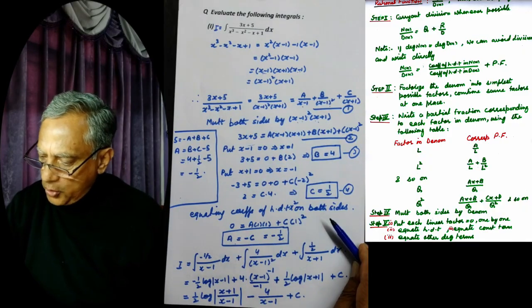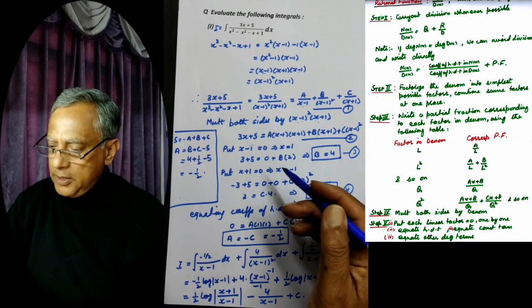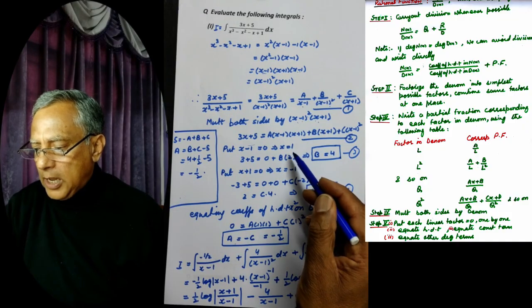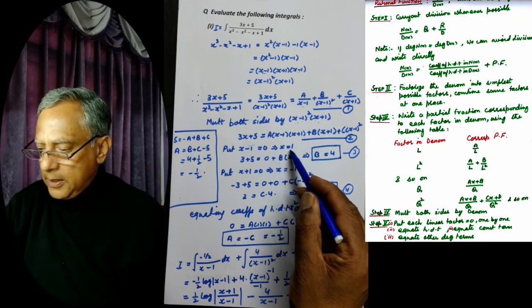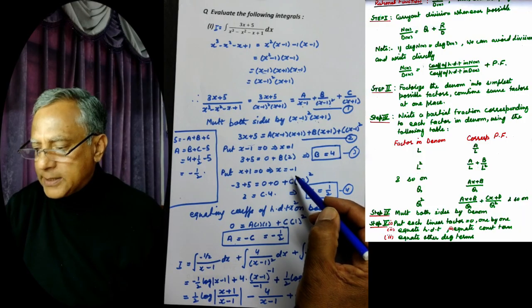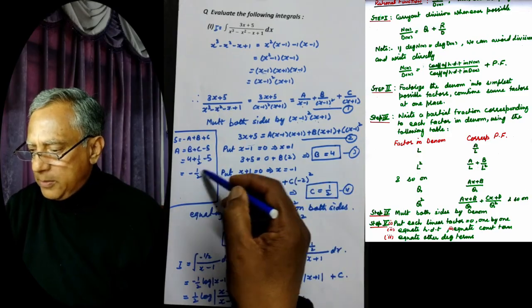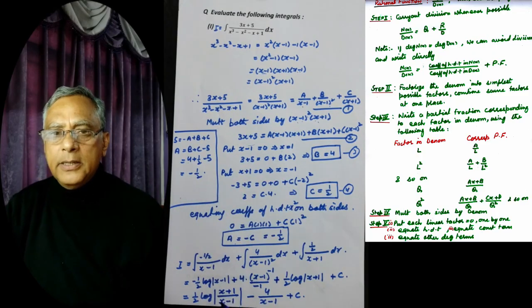So if you don't want to equate the coefficients of highest degree term, you can put any other value which has not already been substituted. We have put x equal to 1 and x equal to minus 1, so you can use another value. Easiest will be x equal to 0, and generate an equation.